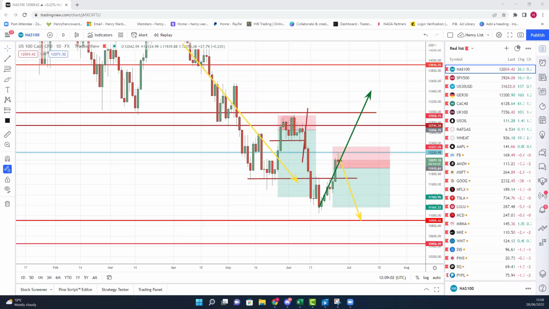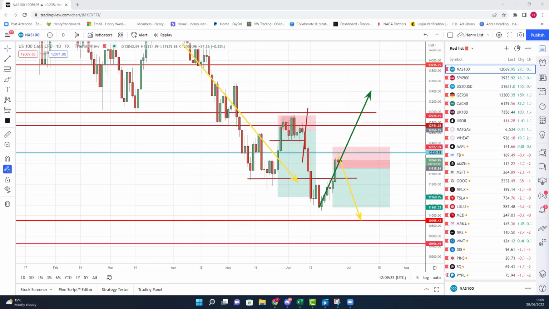So is this level valid? Absolutely. Is it a high probability trade? I would say yes. Why? Because we have the overall trend coming down. We've had lower highs, lower lows. We've come back to a horizontal level.